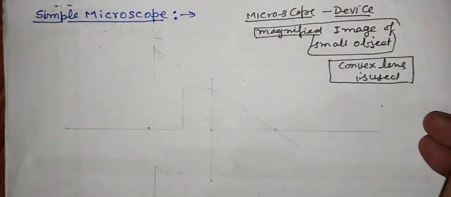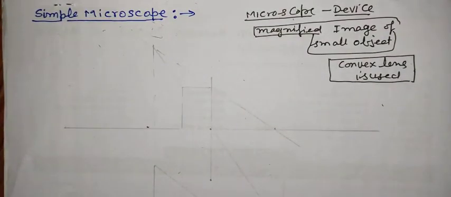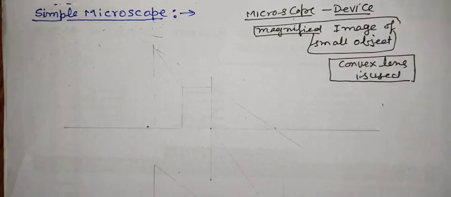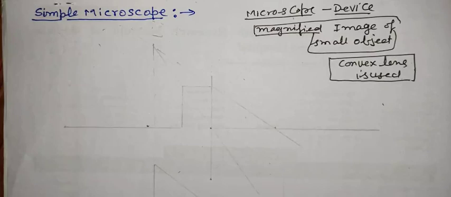So see how the convex lens is used to magnify the image of a small object.